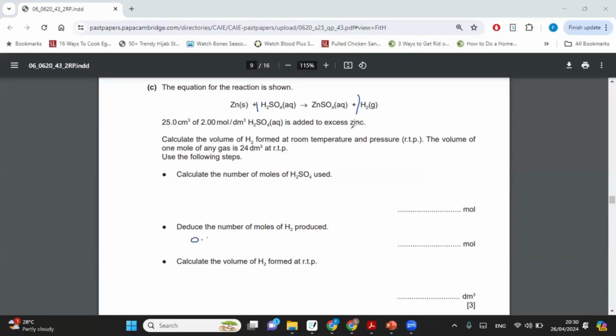So 0.05 are the moles of sulfuric acid. Then we have 1 of, the mole ratio is 1, okay? We don't know the moles of hydrogen. So 0.05 is equal to X. That's how we figured it out, okay? So this was simple, for 1 sulfuric acid, 1 hydrogen.